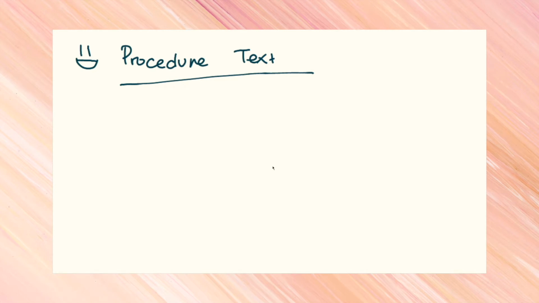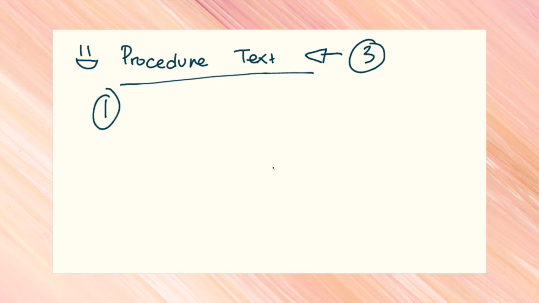So first of all, of course, procedure text. There are 3 definitions about procedure text. The first one is text that explains how something works or how to use instructions and operation manuals, for example, how to use the video, the computer, the tape recorder, the photocopier, or maybe the fax.